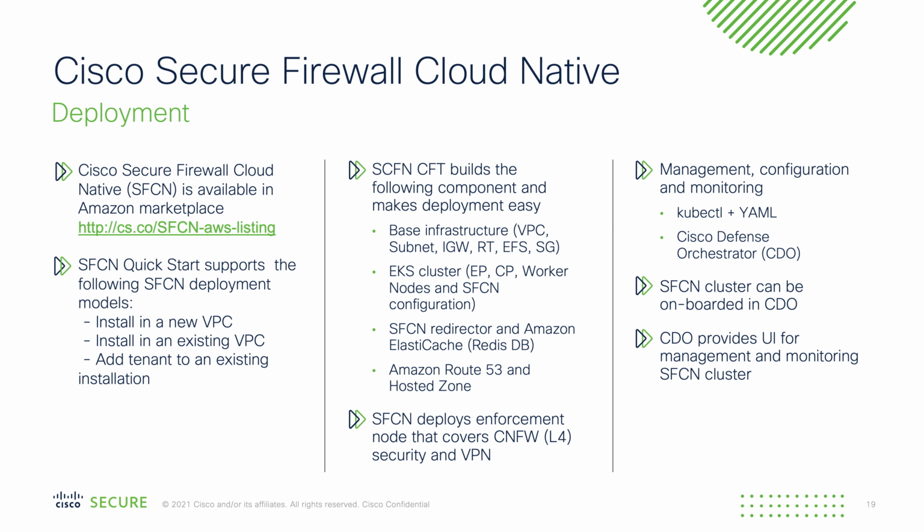If you position this architecture for customers who are into infrastructure as code, definitely you can talk about kubectl, REST API, CI/CD pipeline, YAML files, GitOps integration. And if your customer is into UI, once your cluster is built, you can onboard it directly into CDO and use CDO for your configuration and monitoring.